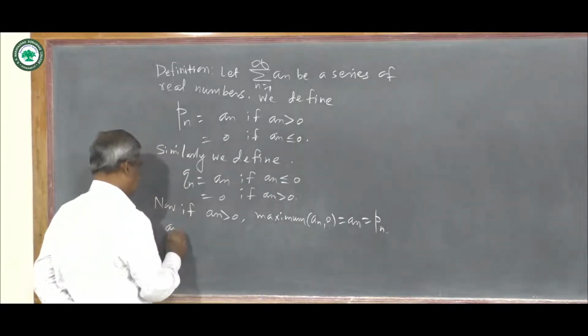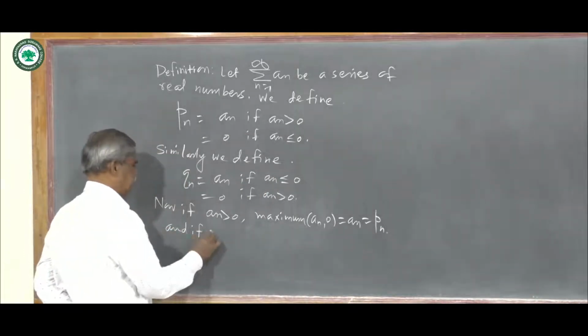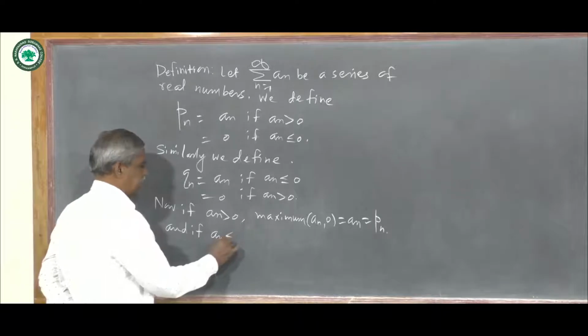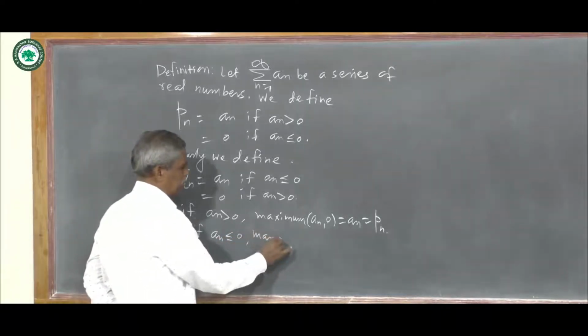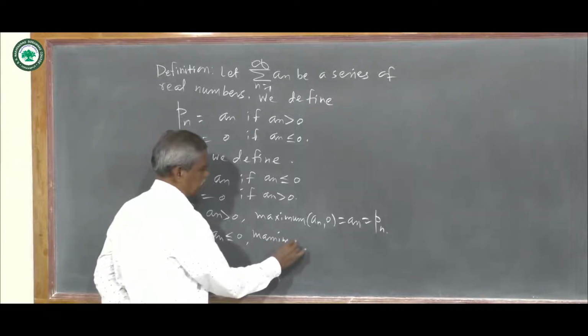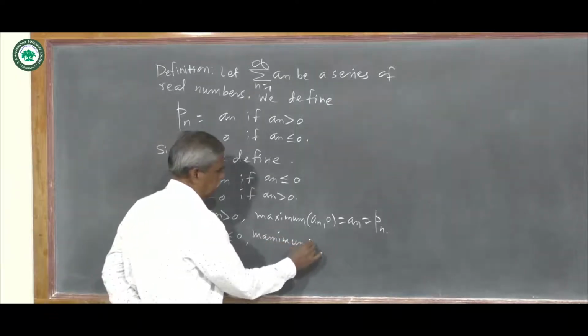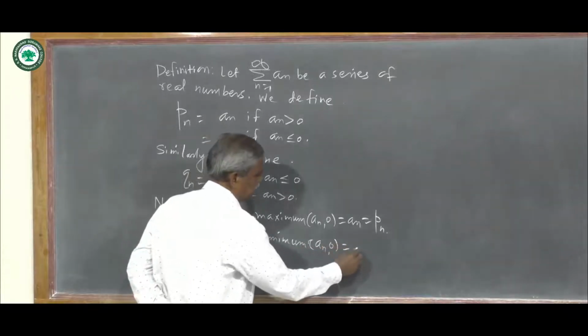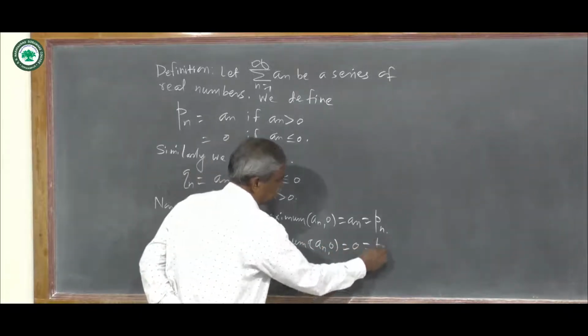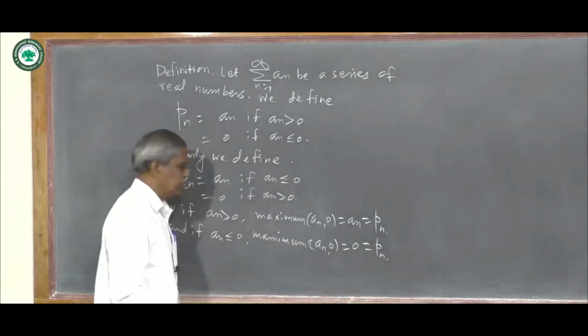And if a_n is less than or equal to 0, the maximum of a_n and 0 is equal to 0, which is equal to p_n.